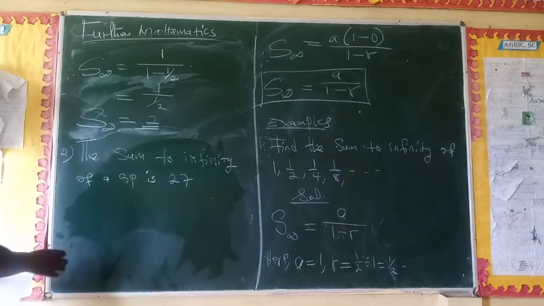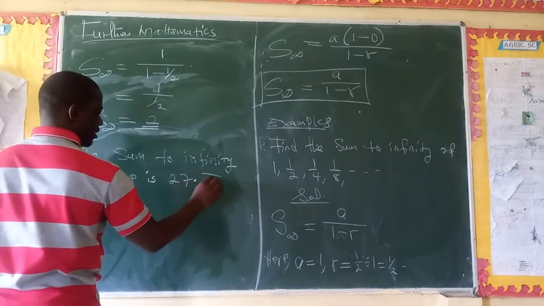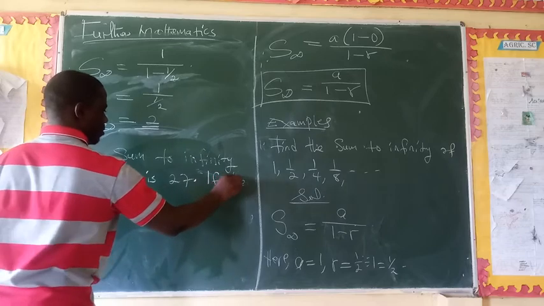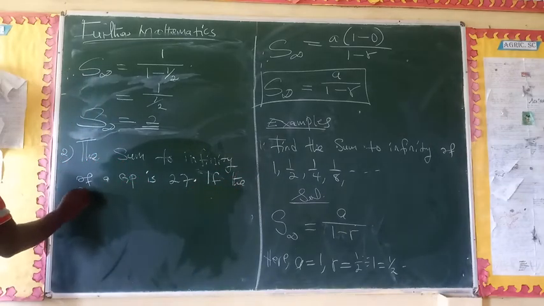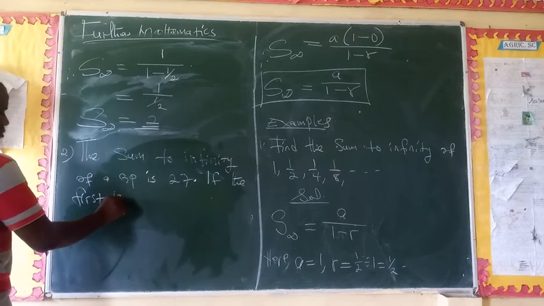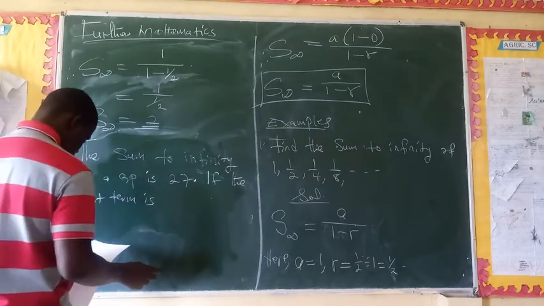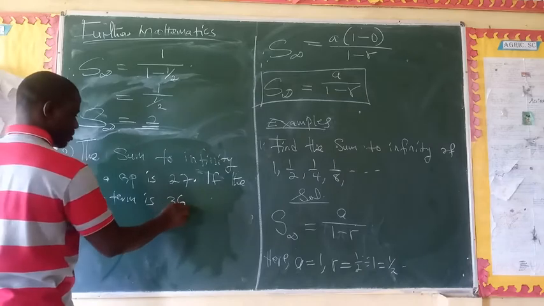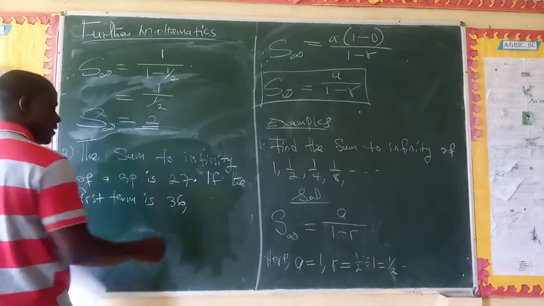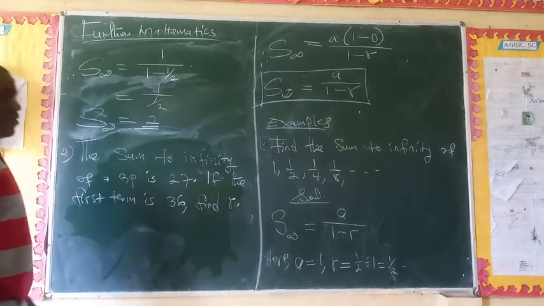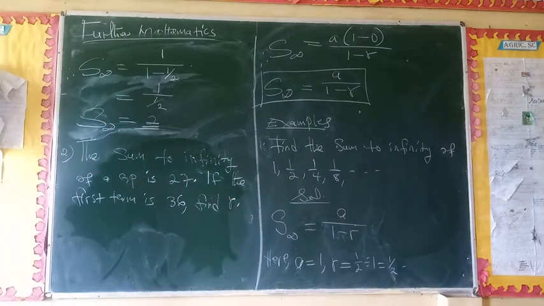If the first term is 36, find R. Here R is the common ratio.